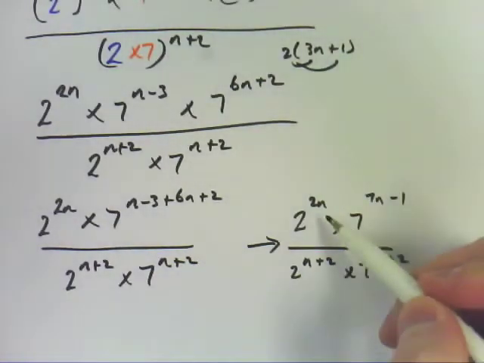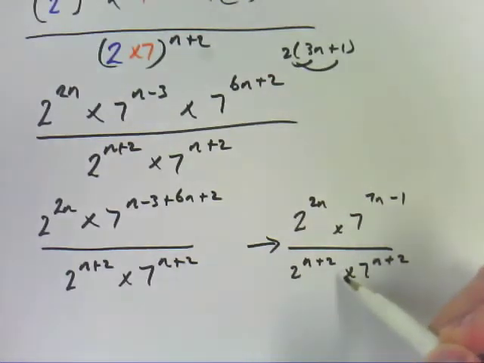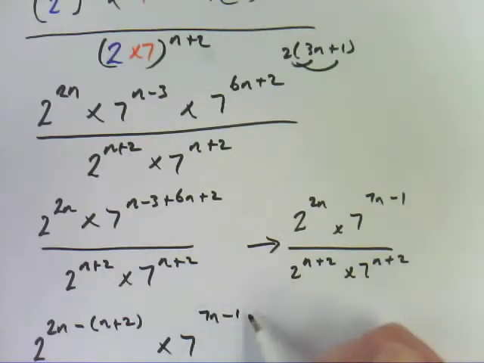So from here, we're now going to look at the 2 to the 2n divided by 2 to the n plus 2. We're going to look at 7 to the 7n minus 1 divided by 7 to the n plus 2. The index law states we do 2 to the 2n minus n plus 2, and then we're timesing by 7 to the 7n minus 1 minus n plus 2.